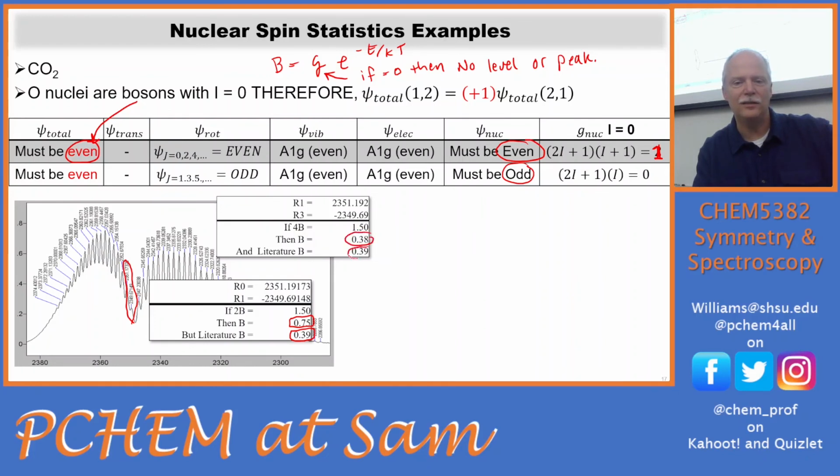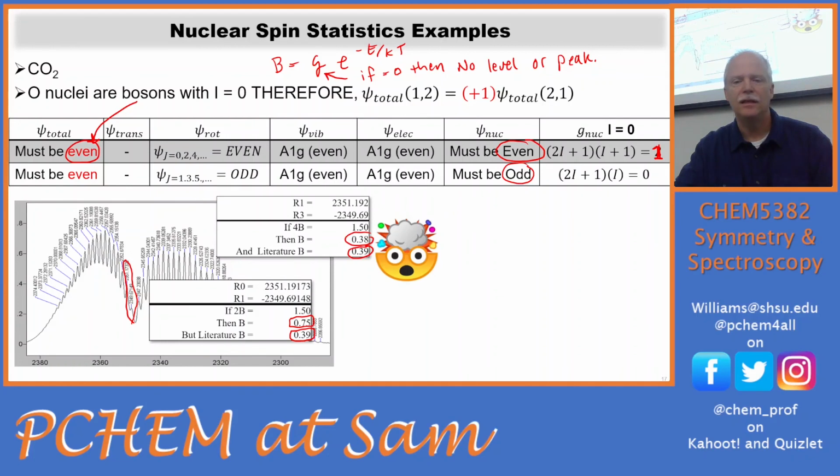Our literature value is 0.39. So it's saying I'm missing half of the rotational lines. It's experimental evidence that those bosons of oxygen have eliminated half the rotational lines of CO2. They're not there. Those rotational lines don't exist.